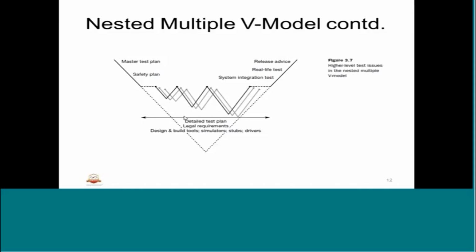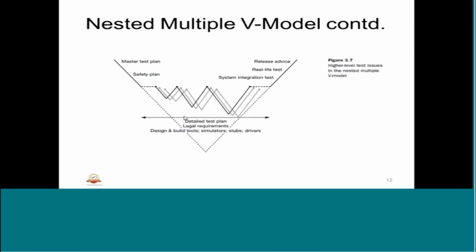The multiple V model with the 3 sequential V cycles, what we have seen, does not take into account the practice of functional decomposition of the complex system. The development of such a system starts with specification at a high level, followed by an architectural design phase where it is determined which components, hardware or software, are required to realize this. Those components are then developed separately and finally integrated into a full system.